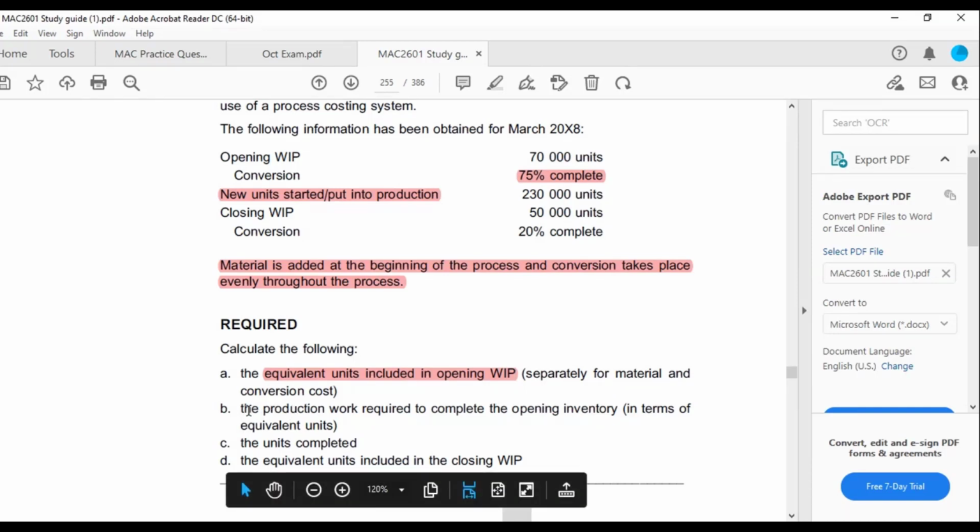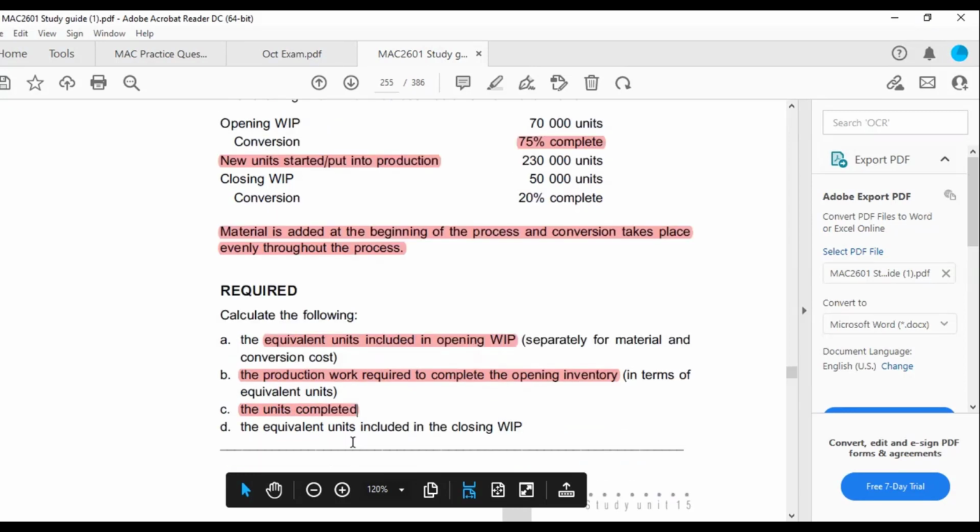Then they ask you for the production work required to complete the opening inventory. They're also asking you to calculate the units that have been completed and the equivalent units in terms of closing WIP.